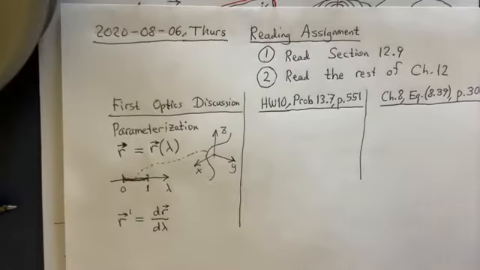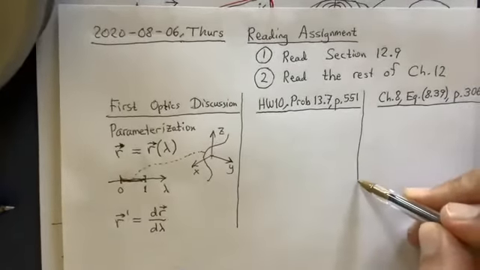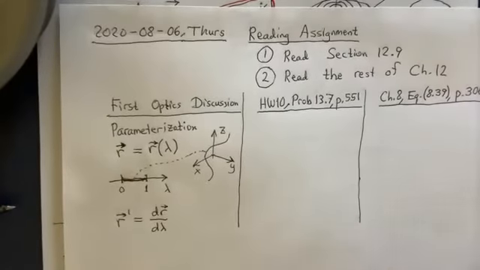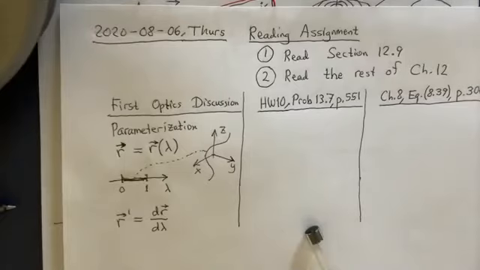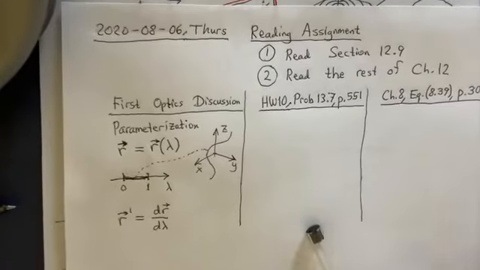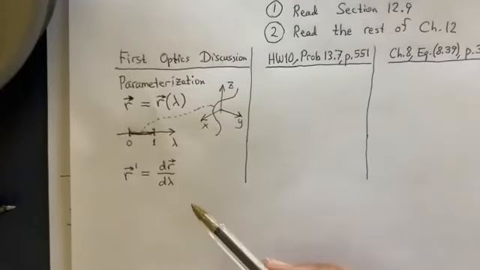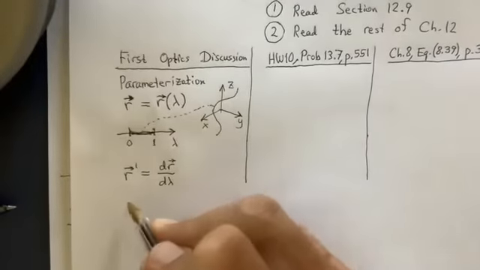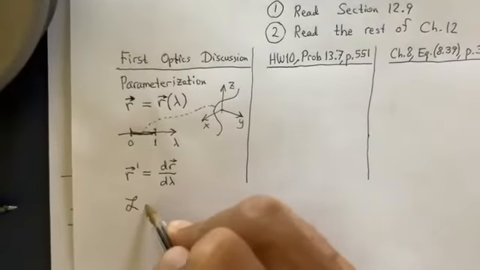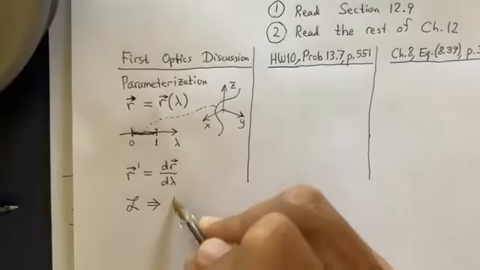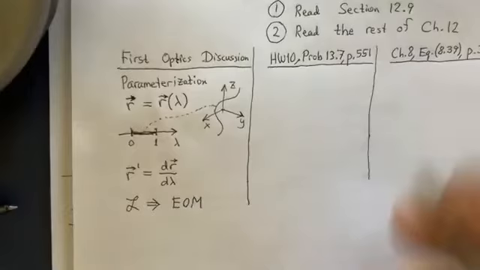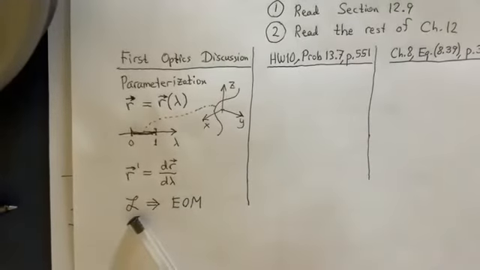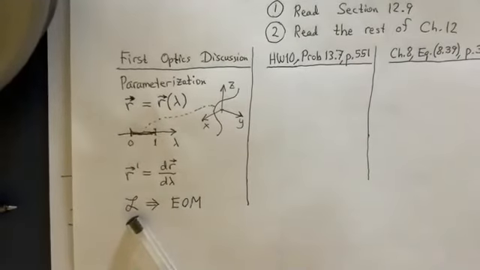Well, let's talk about homework 10 here, problem 13.7. In chapter 8, there are fundamental skills here that are present when we transform differential equations, okay? And what happened in our first optics discussion, we had a Lagrangian, we got an equation of motion. Okay, so you see I've written it like this, the capital cursive L representing a Lagrangian.